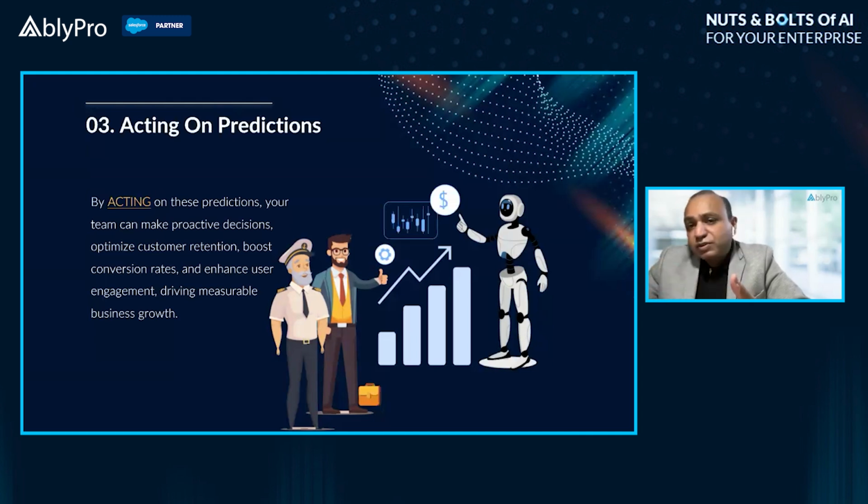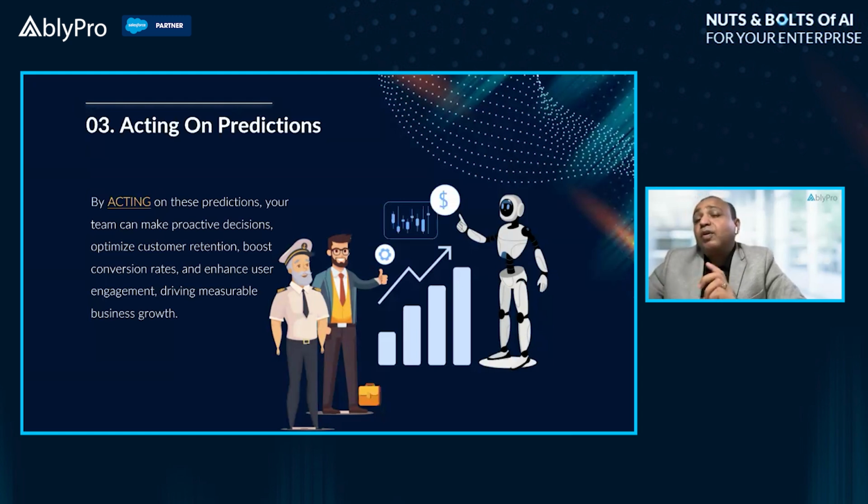Maybe your customer service team should start calling them. Maybe you should give them some discount offers. Maybe you should give them some other measures so that they are more engaged with you. So AI gives you predictions, and then the third step is to act on those predictions.